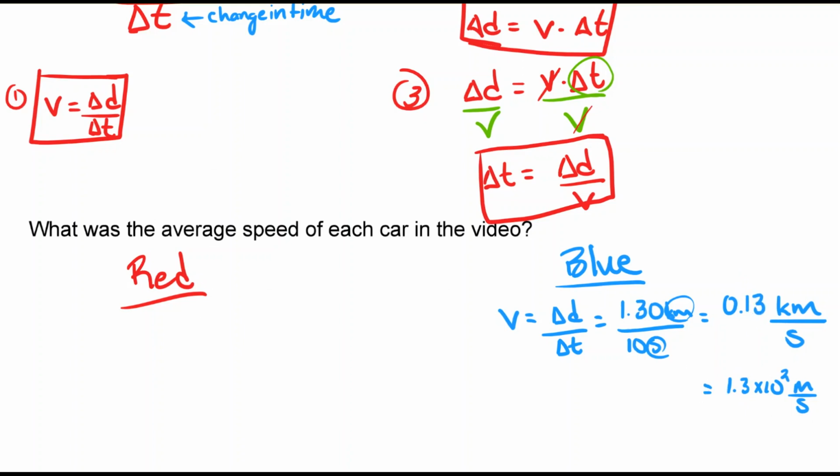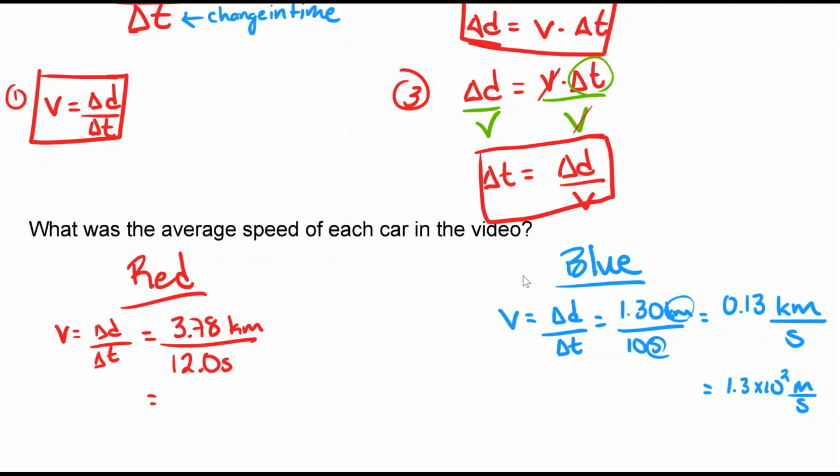Let's do the red car. The red car's speed was its total distance or change in distance divided by the change in time. So the change in distance that it had was 3.78 kilometers. And it took 12.0 seconds for that to happen.